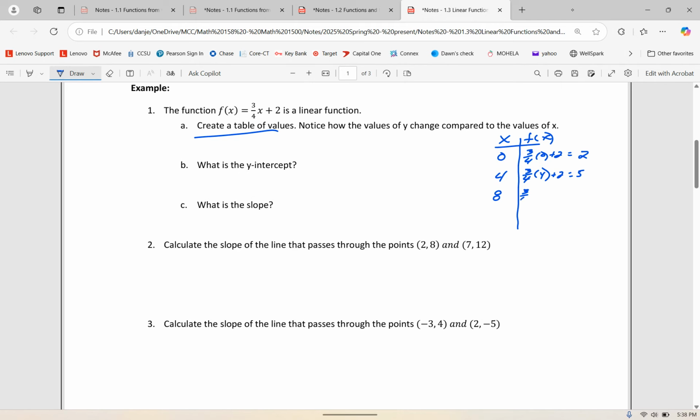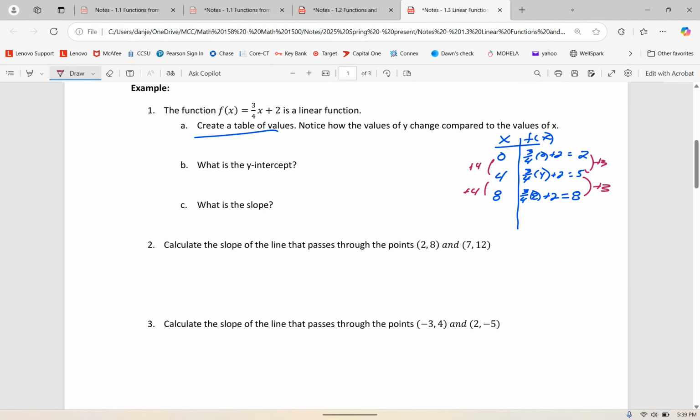Then 8, so 3/4 times 8 plus 2, because I'm going to use values of x that are divisible by 4 so that I don't get fractions or decimals. 8 divided by 4 is 2, times 3 is 6, plus 2 is 8. And I could keep going, but notice that every time x increases by 4, my y value is increasing by 3.